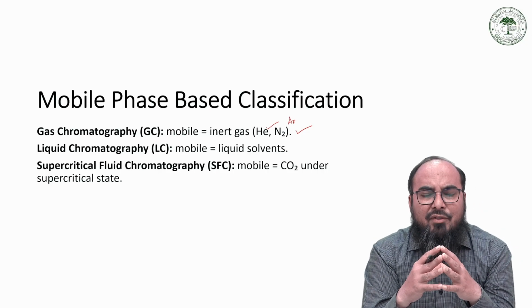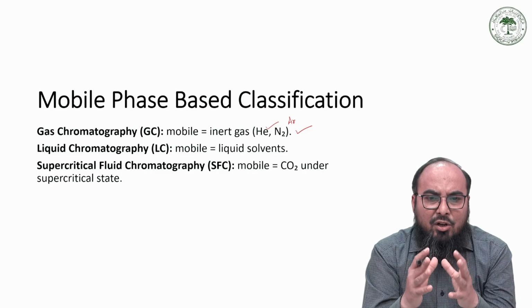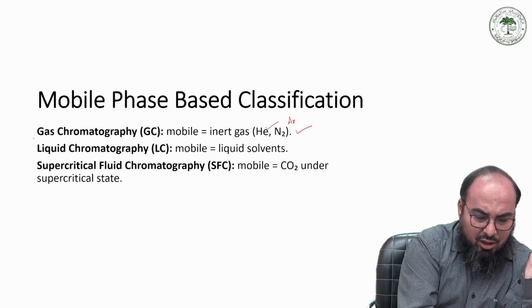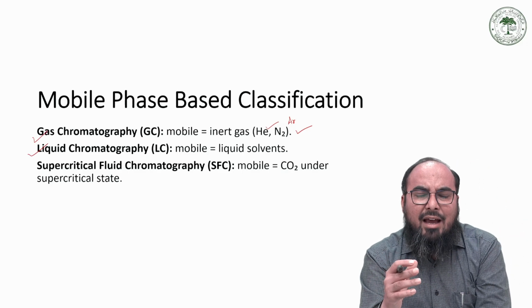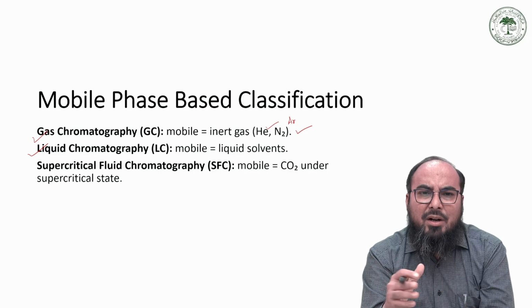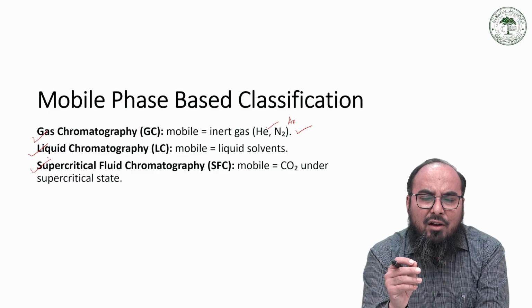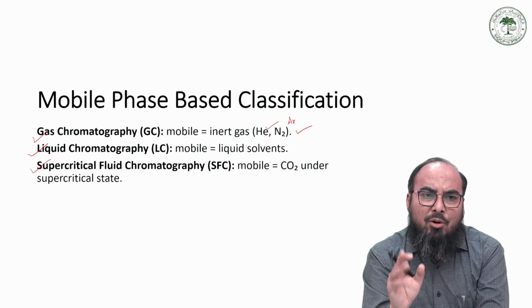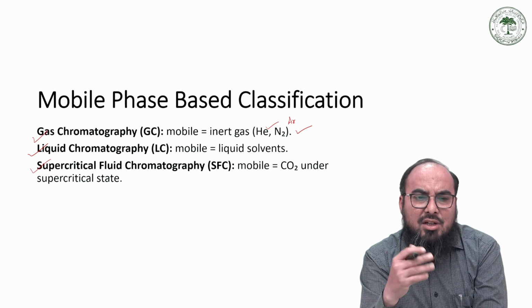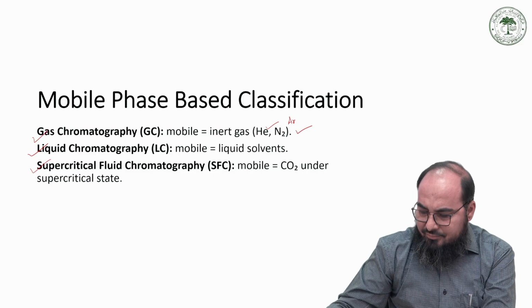In liquid chromatography, the mobile phase is always a liquid solvent. Similarly, we have supercritical fluid chromatography or SFC. Here, the mobile phase is a supercritical fluid, generally supercritical carbon dioxide. We are going to study gas chromatography in unit 4 after this unit.